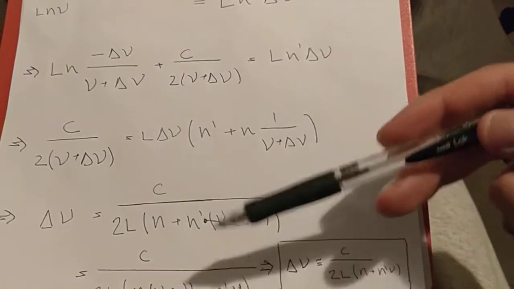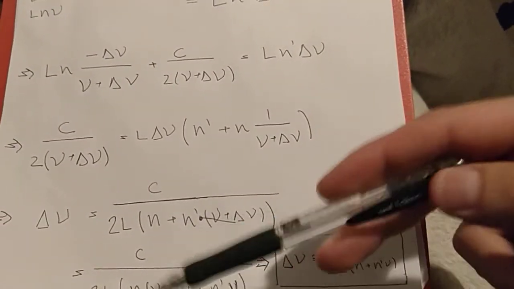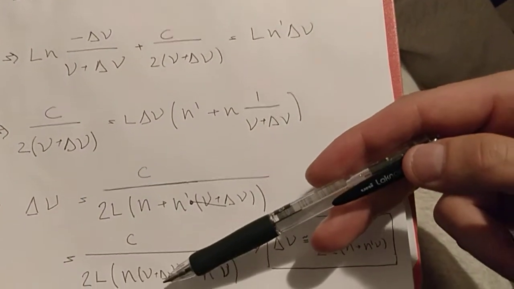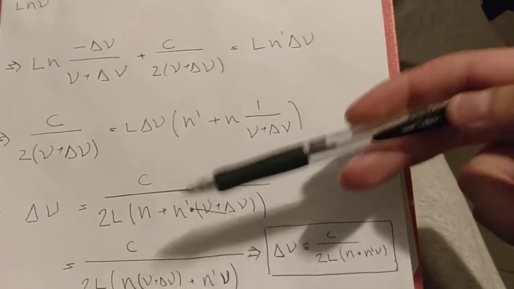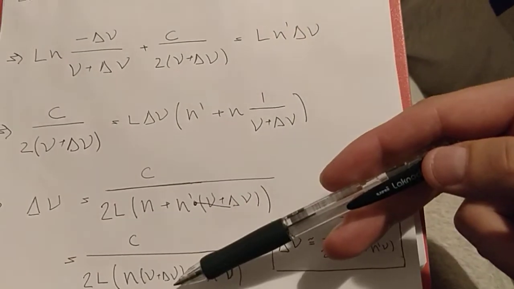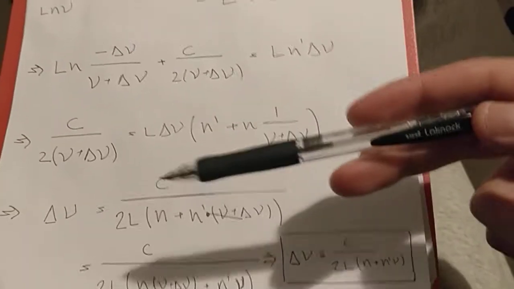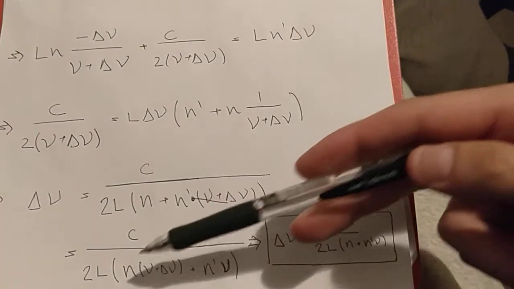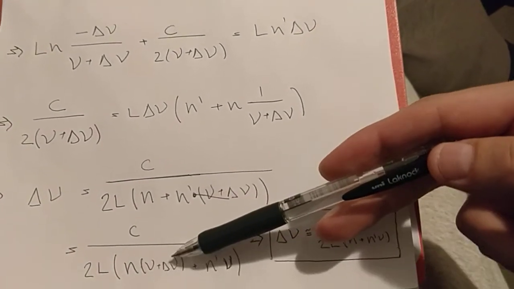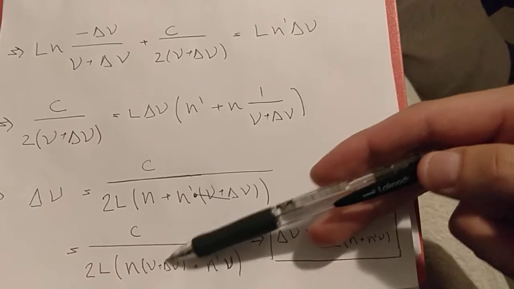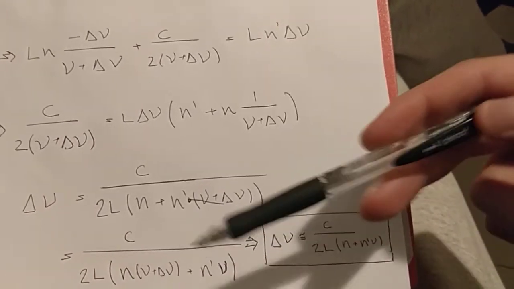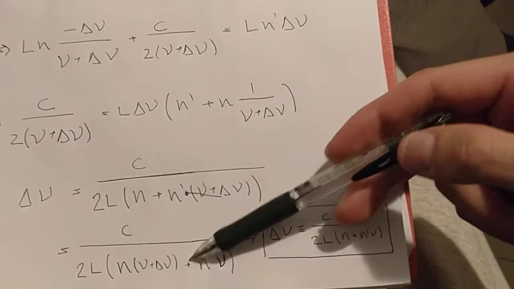So basically, if n doesn't depend too strongly on the frequency, we can approximate and say that this n is almost just n of ni. This delta ni doesn't change it much.